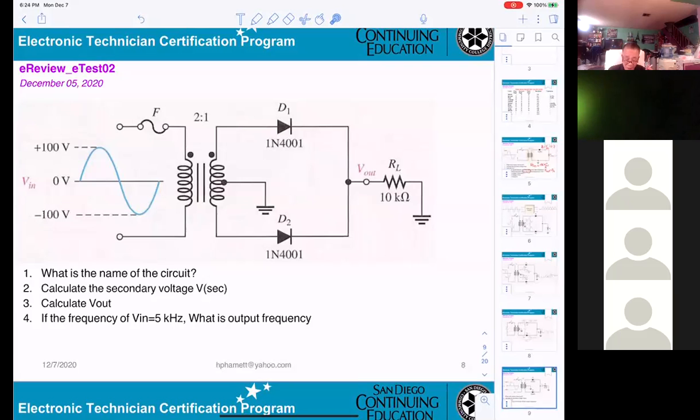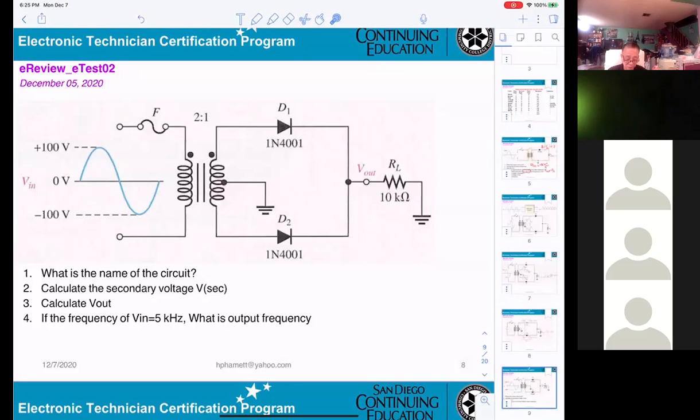So you know the output is supposed to be the secondary voltage. And if they say frequency 5K, output frequency will be double, will be 10K.